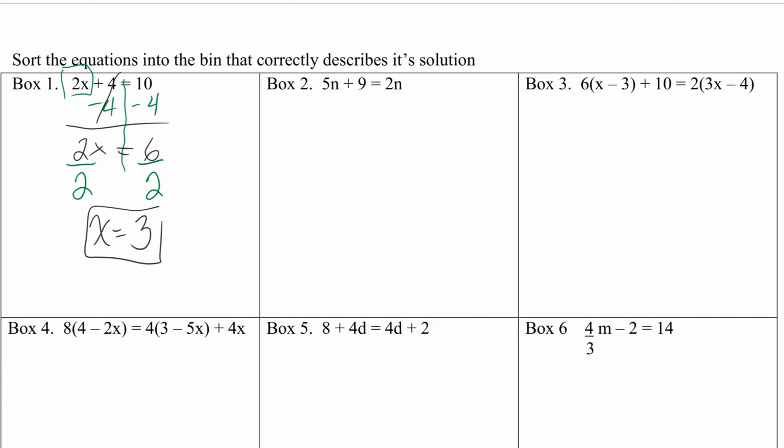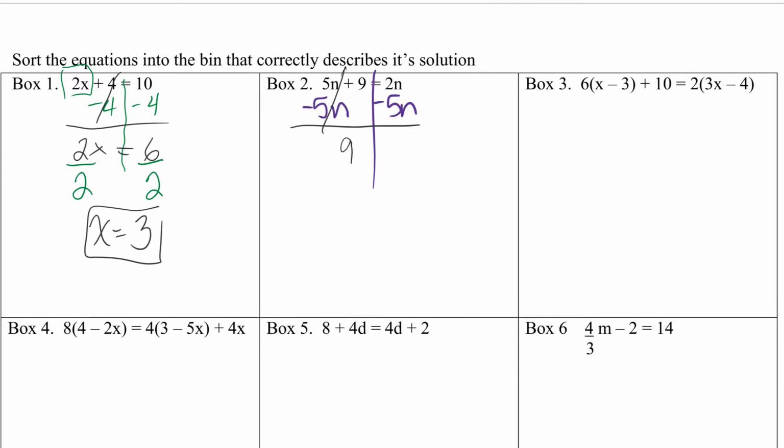On number 2, I have variables on both sides. So I'm going to move all the variables to one side. I'm going to pick this 5n to move to the other side. So I'm going to take 5n away from both sides. 5n take away 5n is 0.